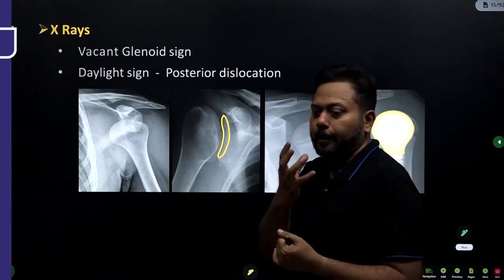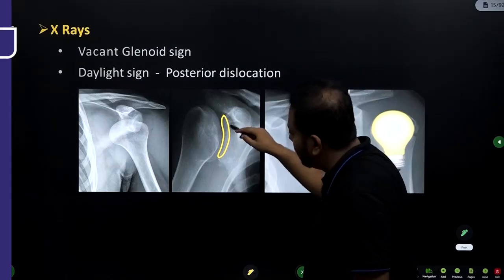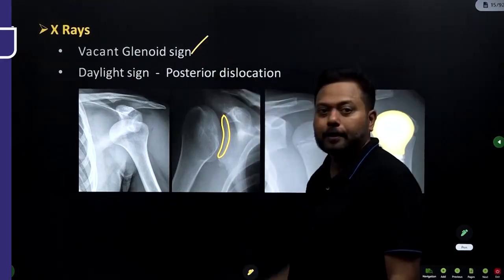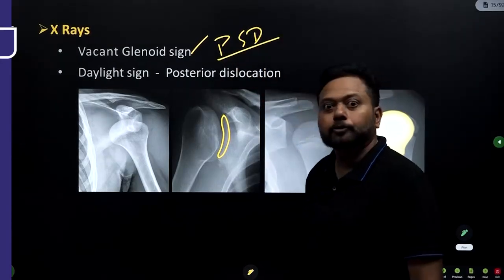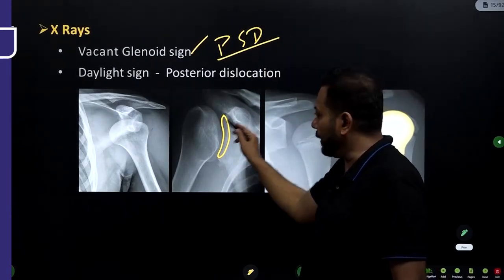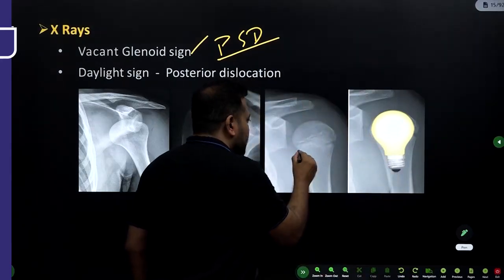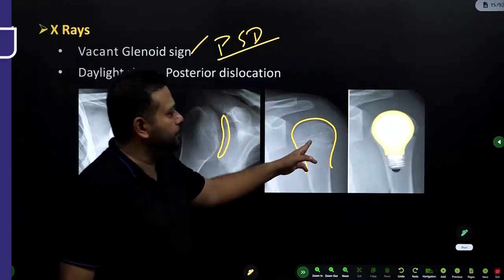In posterior dislocation, the head of the humerus is lying behind the glenoid, so I am able to see a very clear vacant glenoid. This is called the vacant glenoid sign, in posterior shoulder dislocation. The head of the humerus stands separate and looks like a 40 watt Philips bulb.